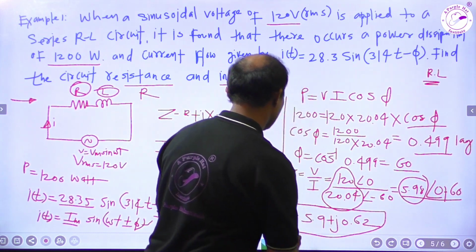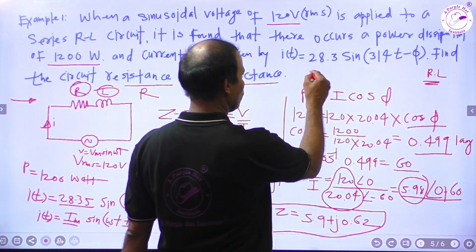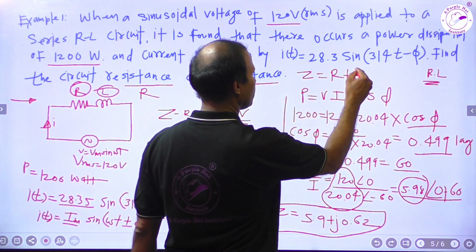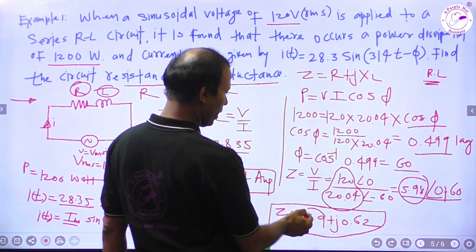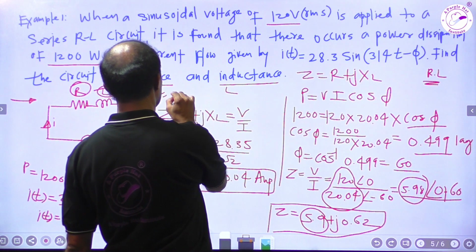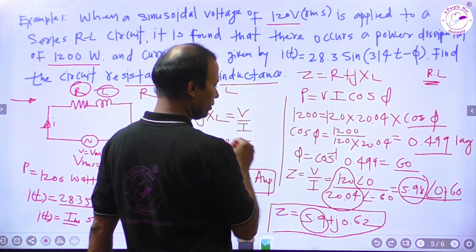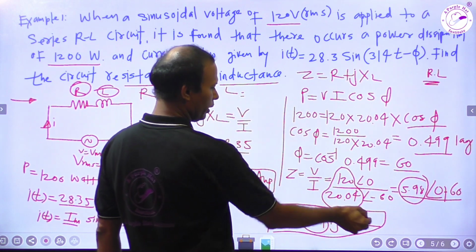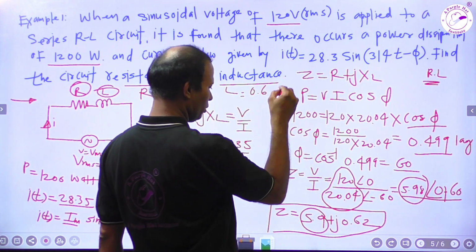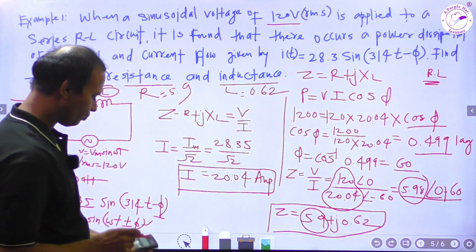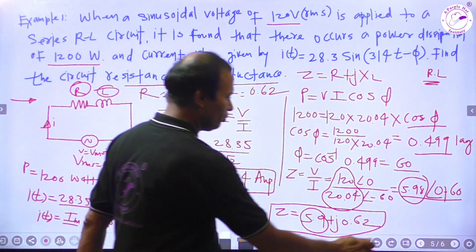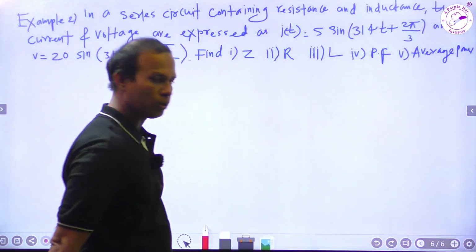If you compare with the standard form of the impedance equation, Z is equal to R plus jXL. So the real part is resistance 5.9, and the imaginary part is the inductive reactance 0.62. This is the inductance. This is the complete solution for the problem.